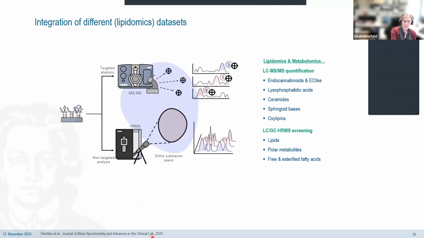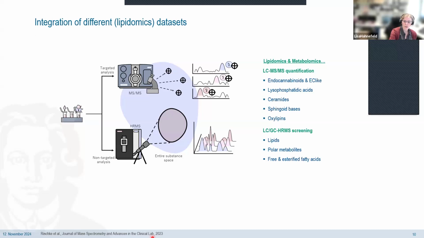So, but now let's get back to what this integration of the datasets means. In our lab specifically, this problem is a little bit larger because we use a combination of so many different assays. We encompass non-targeted analysis using high-resolution mass spectrometry for the screening of the abundant lipids and polar metabolites, but we further complement this with LC-MS analytics with absolute quantification for the lowly concentrated lipid mediators.